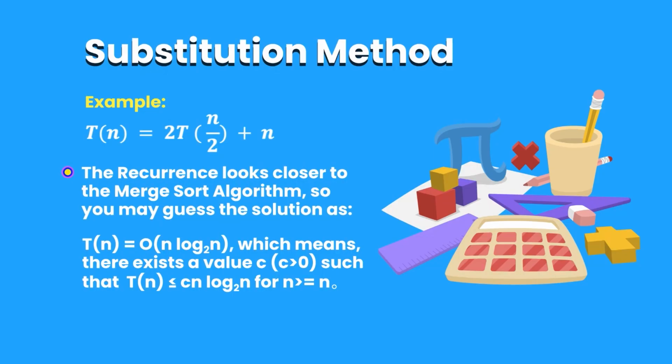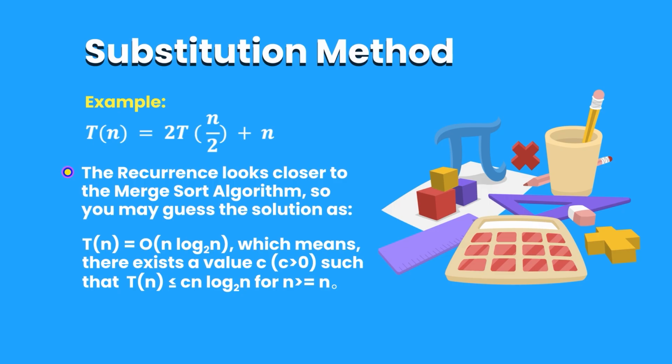When we say a recurrence relation has an order n log n, what does it mean? It means that there exists a value c, and c necessarily has to be greater than 0. Please note this particular point.